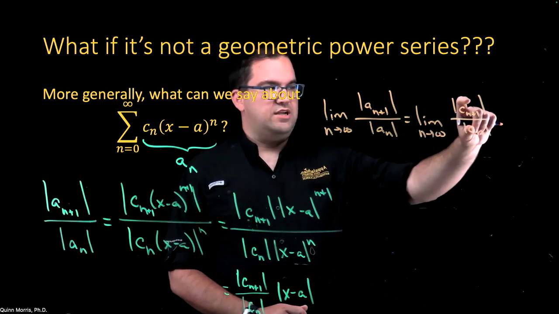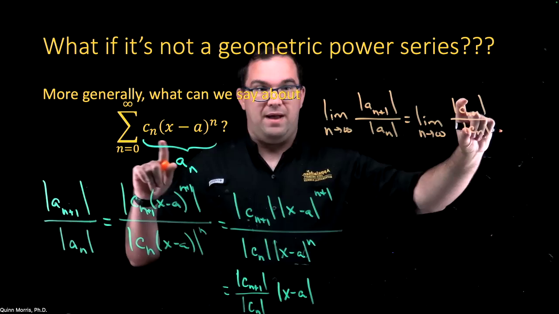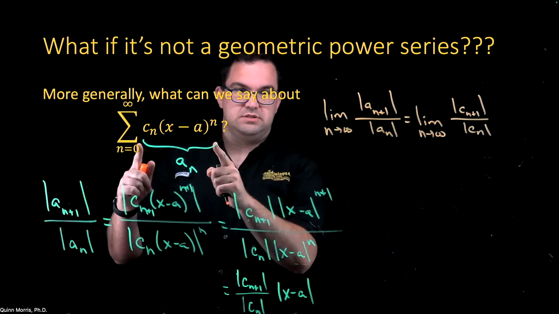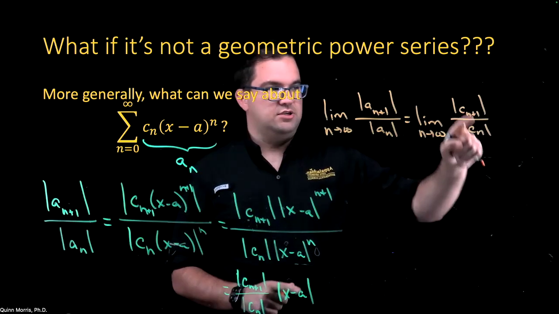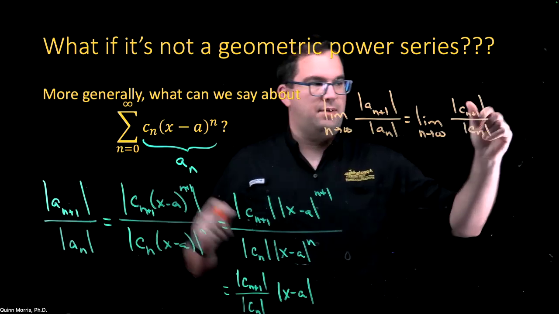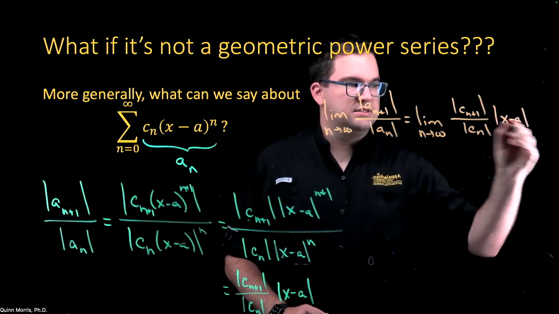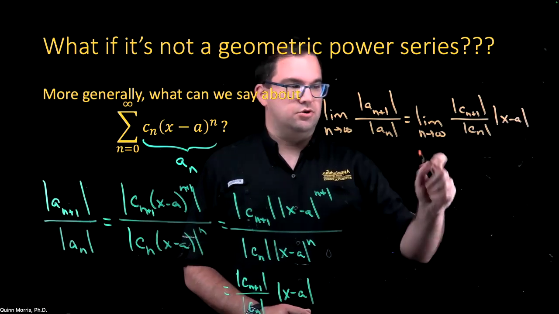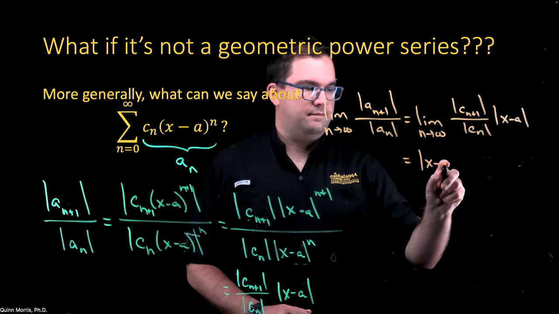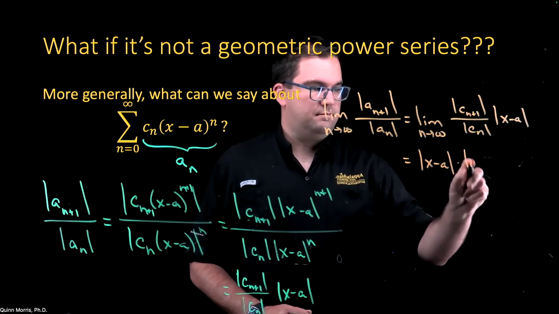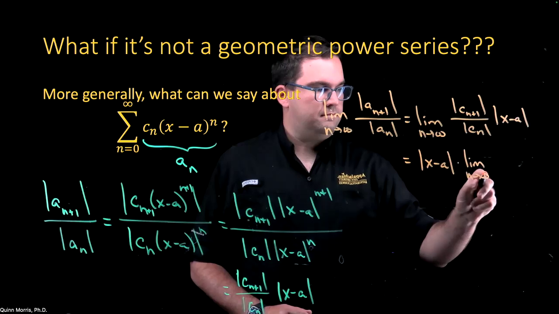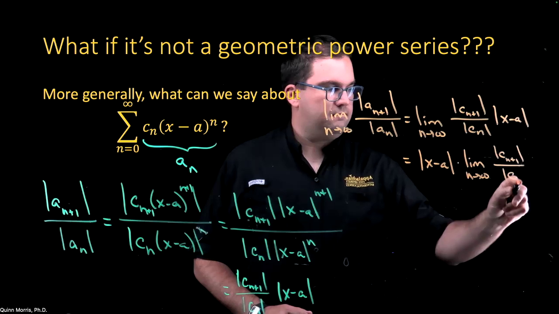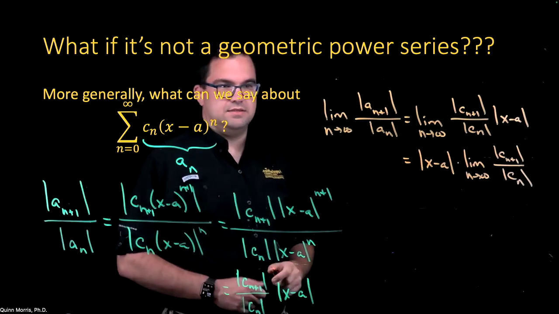This is the ratio of the terms, but that's equal to the limit of the ratio of the coefficients in the power series times the absolute value of x - a. But again, this x - a is a constant as far as n is concerned, so I can actually pull that out. And I get this. Okay.